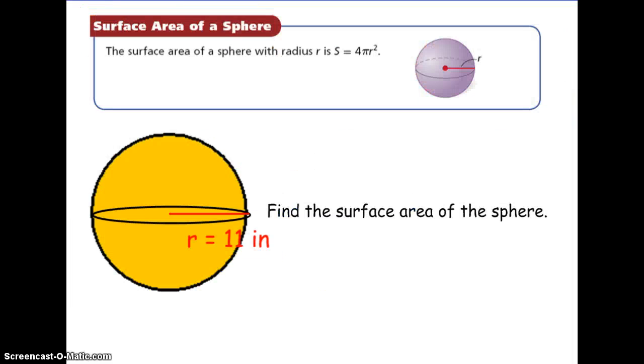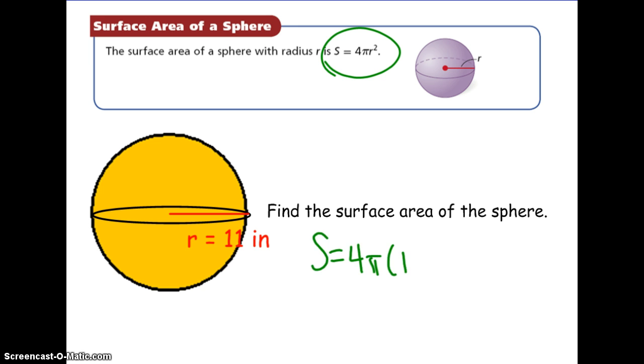Now, the formula for the surface area of a sphere is 4 pi r squared. That will be a formula that will be given to you, so there's no need to memorize it. We just need to know how to accurately select the formula and then plug in what we know to solve. So we need to find the surface area of the sphere given. It says a radius of 11.